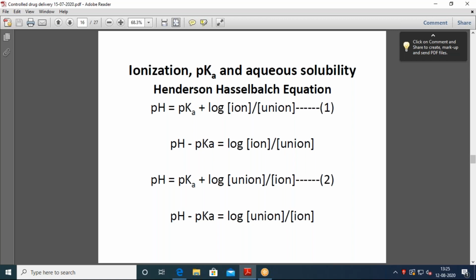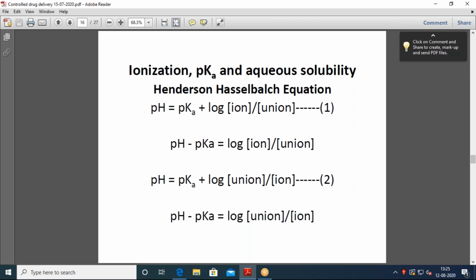That's the general thumb rule. On the contrary, most of the basic drugs will remain unionized in the lower part of the intestine. And this is the reason acidic drugs are well absorbed from the stomach and basic drugs are well absorbed from the intestine.